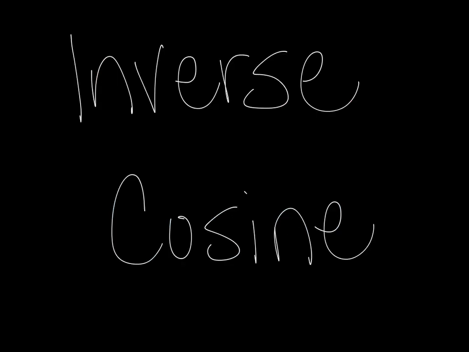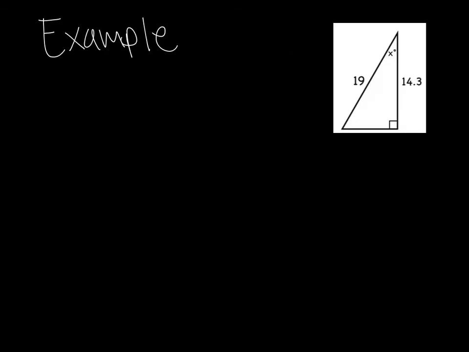Now we will examine inverse cosine. Inverse cosine uses the adjacent leg and the hypotenuse to determine a missing angle. Let's look at this first example together. First, we're going to write down what we know. We know our reference angle is equal to x, which is the angle we're currently looking for.